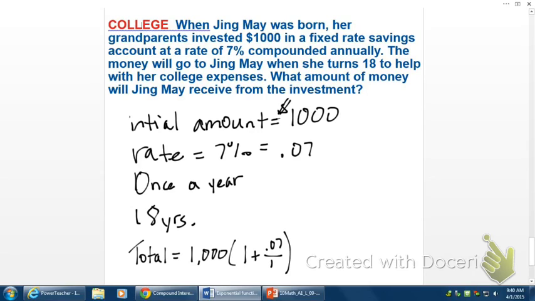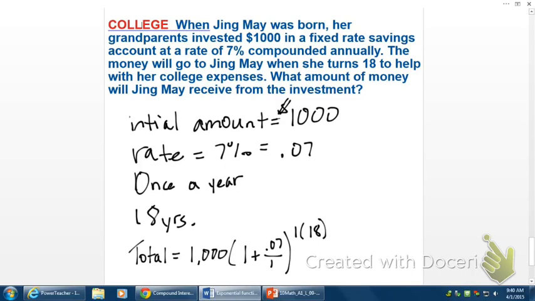Close those parentheses. And then remember, it was raised to n times t. Well, n, how many times per year? Annually, 1. And how many years, Kenny? Okay. So when she turns 18, let's go ahead and plug 18 up there.